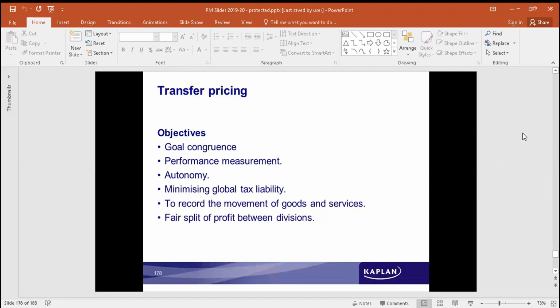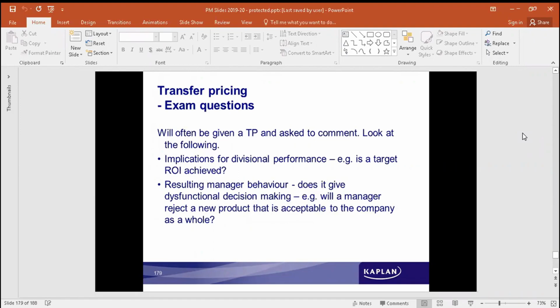If there is a benefit of reducing the tax liability by transferring the material, it should be taken up. Okay. Another objective is to record the movement of goods and services, what the flow of material is, etc. Then, fair split of profit between divisions: whatever benefit is enjoyed by one division by transferring to the other divisions is also shared with the other divisions. Okay, these are the objectives of transfer pricing.